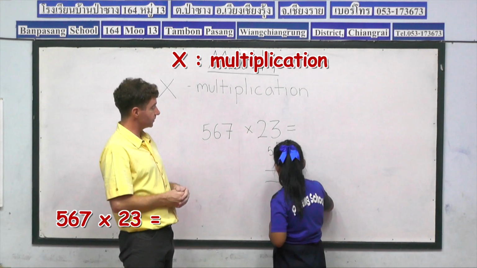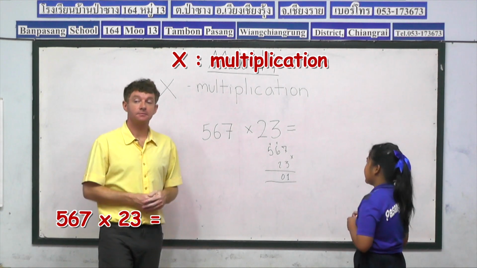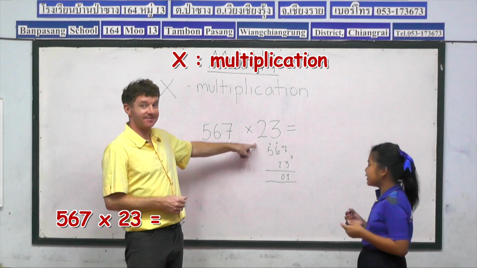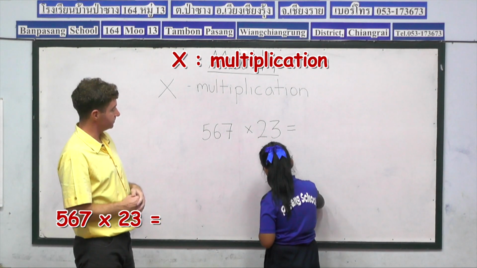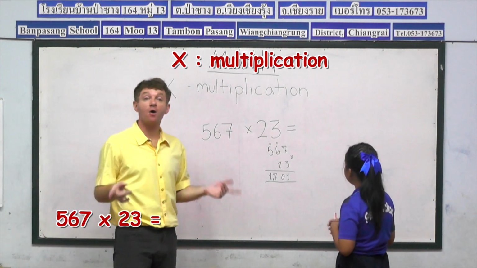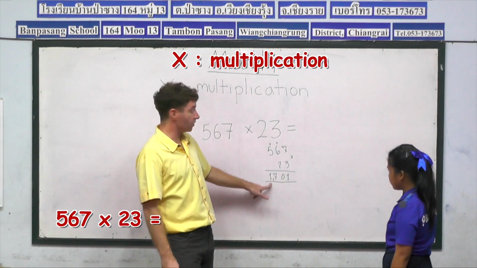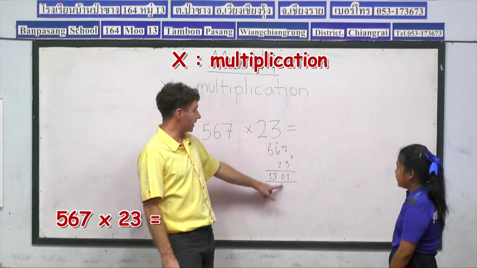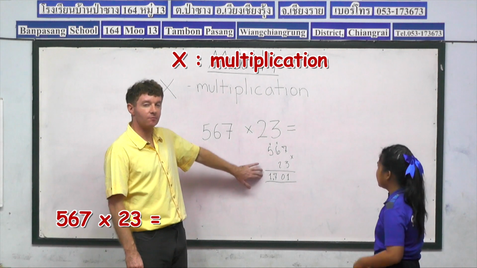So 0, carry the 2. 3 times 5, 15 plus the 2, 17. 7 and 1. And our comma for the thousands. Perfect. So we have our answer number 1 for our ones multiplication. 1,701. So let's keep this answer here because we need to remember it.